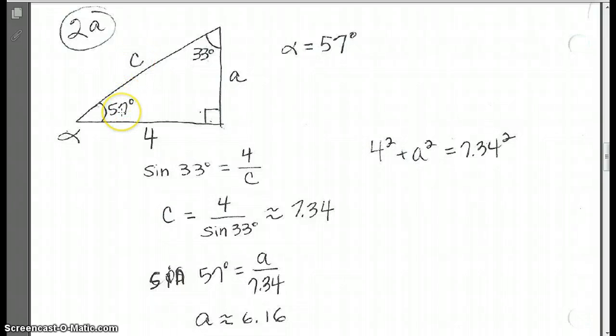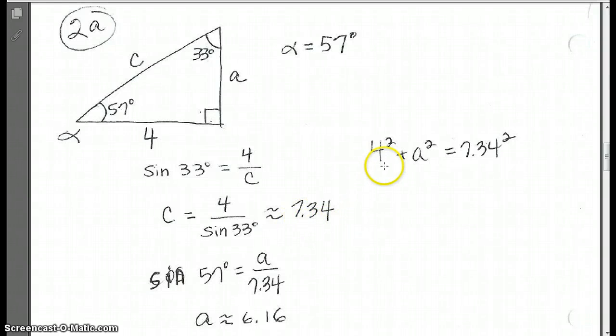We could use cosine because this is adjacent to 57, or in this instance I use sine because sine has opposite over hypotenuse. And so then basically all you have is this linear equation. To get C by itself, you would end up dividing both sides by the sine of 33 degrees. And the biggest thing here, watch your mode on your calculator between degrees and radians. And then you get the answer.